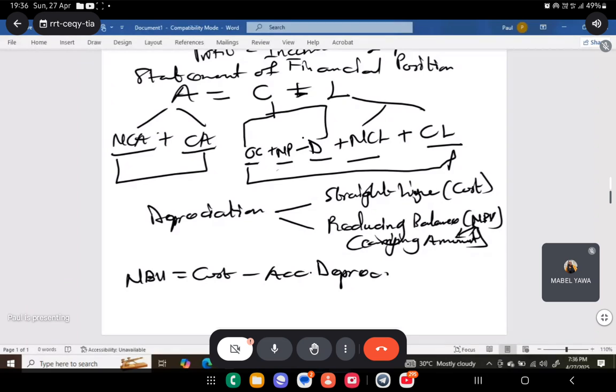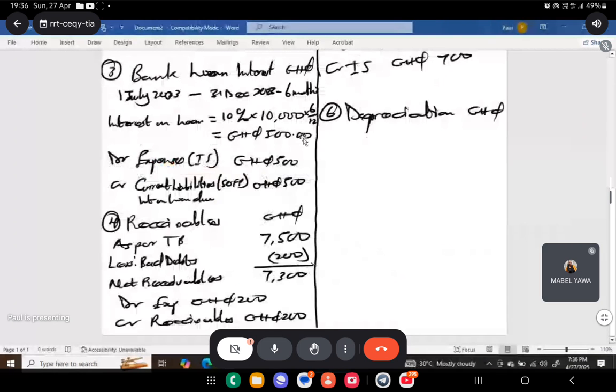Okay, so I'm going back to the depreciation. If the question is silent on it, it means it is on straight line. So they said that for building, the depreciation should be on cost.